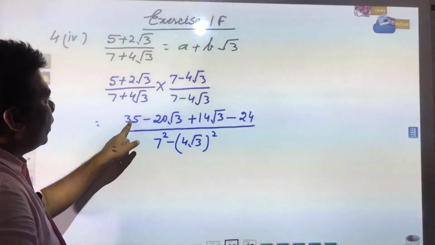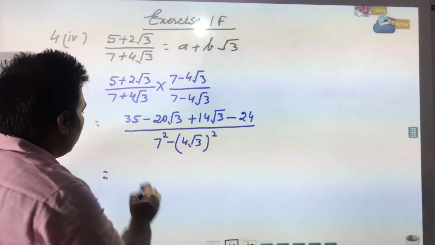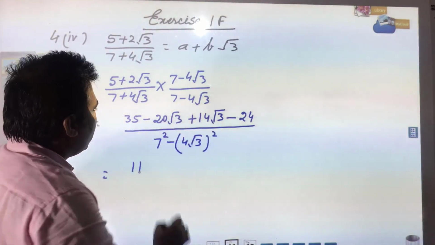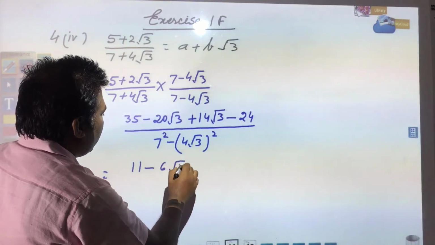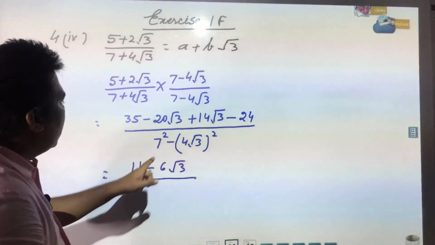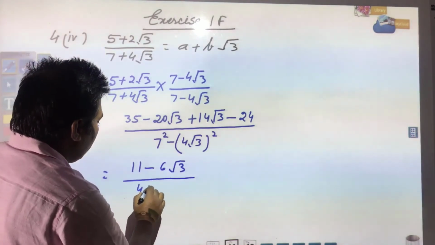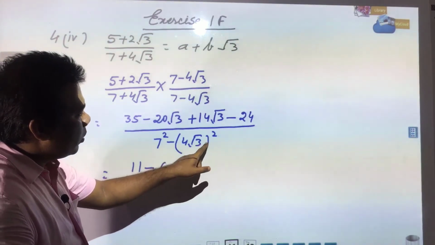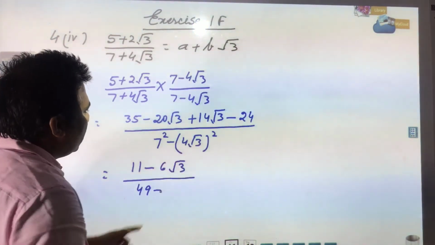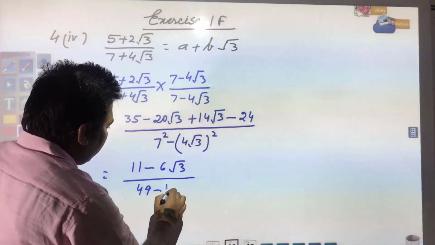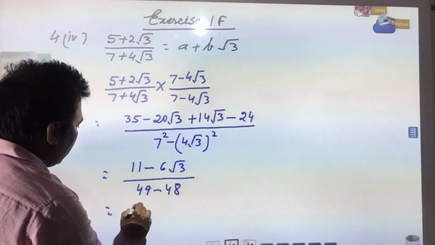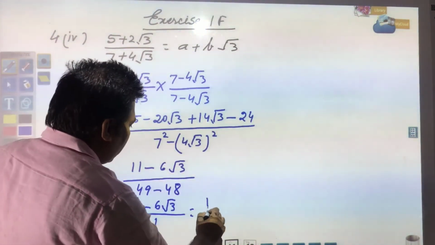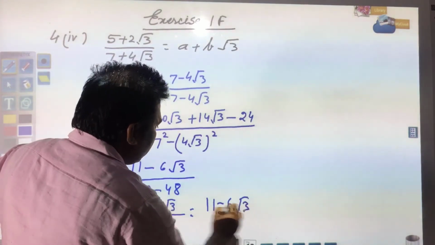Now, you see 35 minus 24 is equal to 11, minus 20 root 3 plus 14 root 3 is equal to minus 6 root 3, and divided by, here you have 7 square is equal to 49 minus 4 square is equal to 16, and root 3 square is equal to 3. 16 into 3 is 48. So, this will be 11 minus 6 root 3 divided by 1, and finally, you got 11 minus 6 root 3.